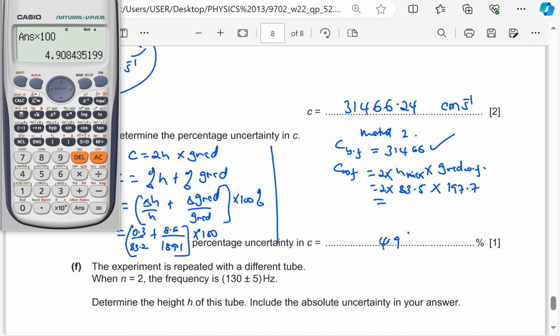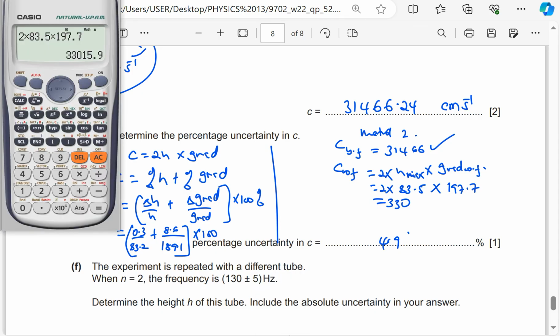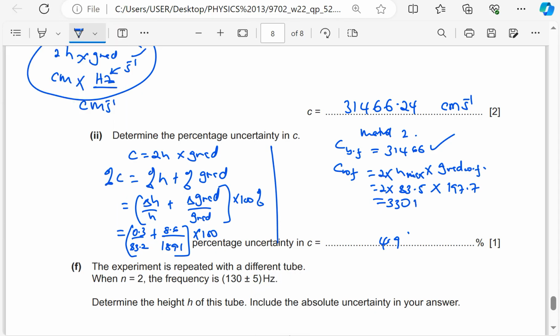So I'm getting 2 times 83.5 times 197.7. So this is going to be 33016. So that is for the worst fit.